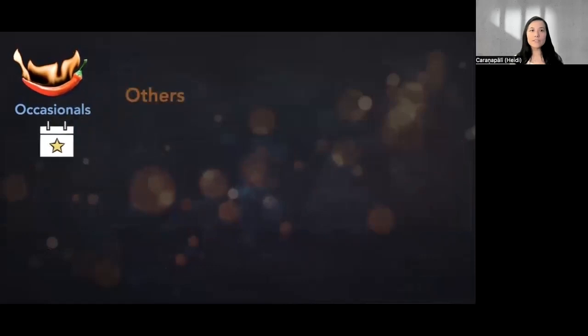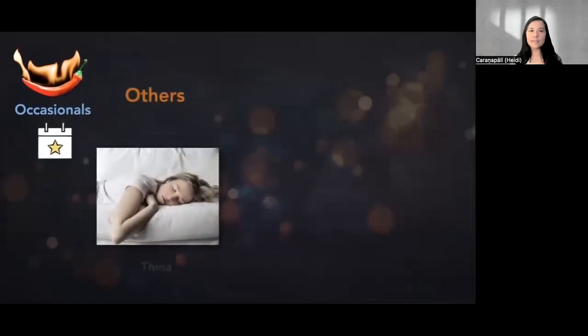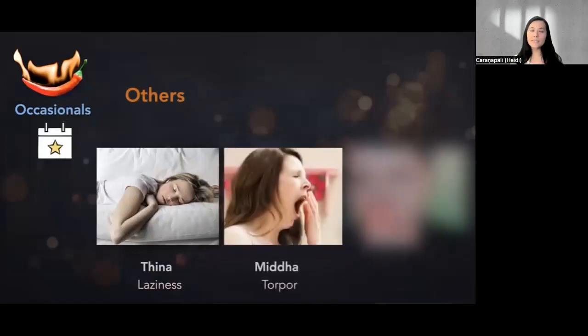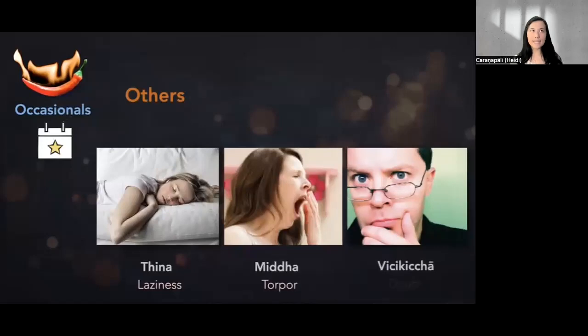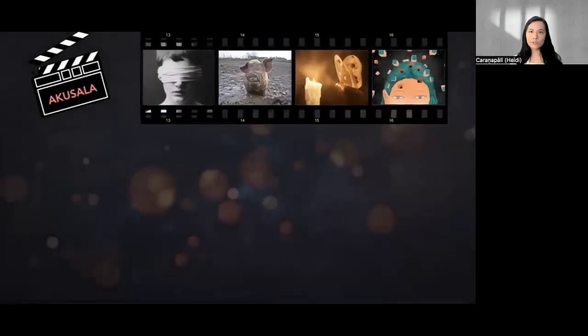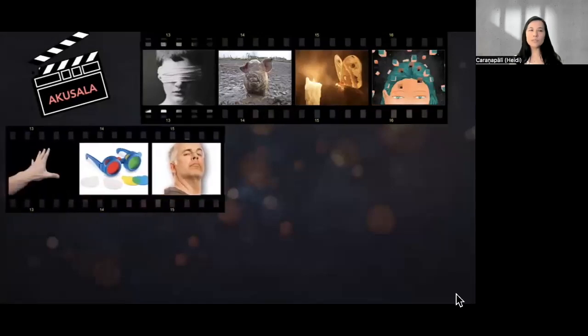Now we have the last group, which is the others. What are they? They are thina, laziness, middha, torpor, and vicikiccha, doubt. So altogether, we have 14 akusala cetasikas. We have the universals: moha, ahirika, anottappa, and uddhacca, restlessness. The Lobha group: Lobha itself, Diṭṭhi, wrong view, and Māna, arrogance.